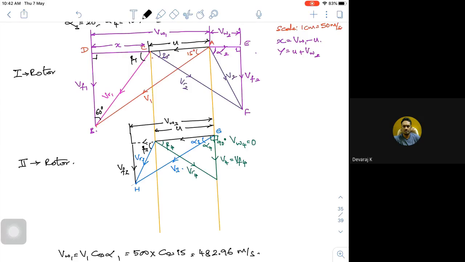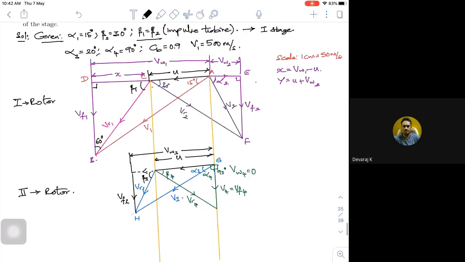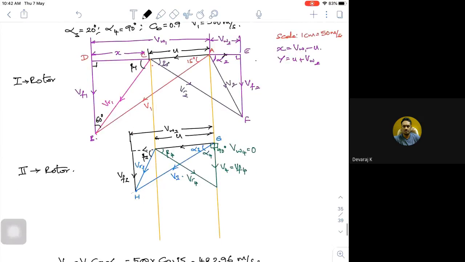Now, how to find the work done? See, work done is actually, if you measure from D to E, here G, H, I, J and K. In this we are supposed to find the work done or blade efficiency. What are the things which need to be calculated?